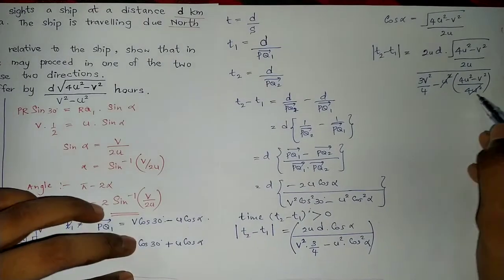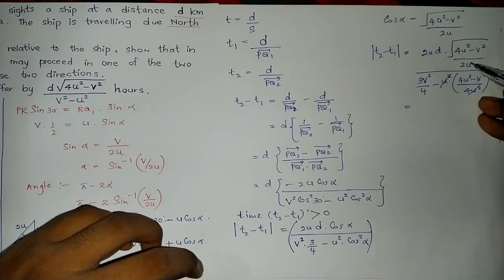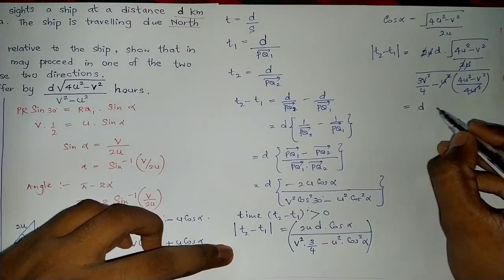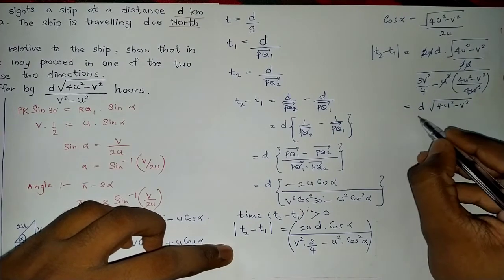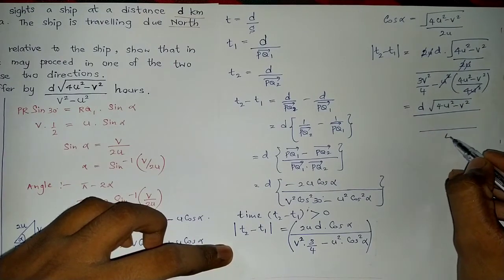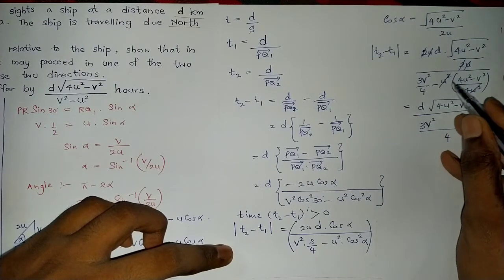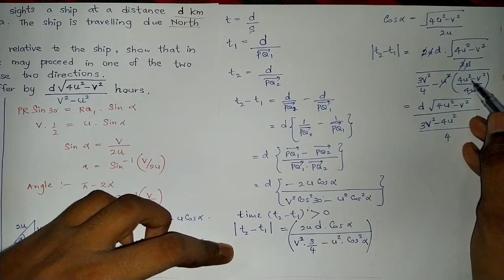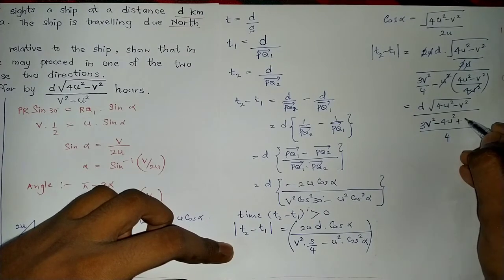Now take the common denominator for the denominator of our question. So here also I can cancel 2u with 2u. It is d root of 4u square minus v square for the numerator, divided by, then take the common denominator here. Common denominator is 4, that is 3v square minus 4u square plus v square.